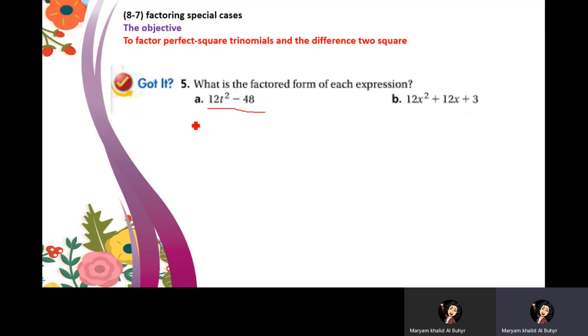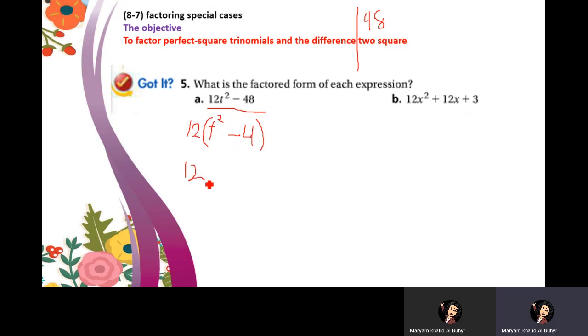So if I take 12 outside, the remaining inside is t squared minus 4. Definitely, if you are sitting alone, you just need to sit and think about it, maybe a little time, not a long time. You can factor the 48 into its factorization if you want, but I don't think you need to do this one. So now I know what this is.